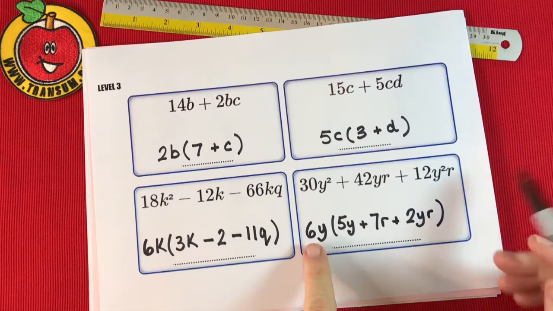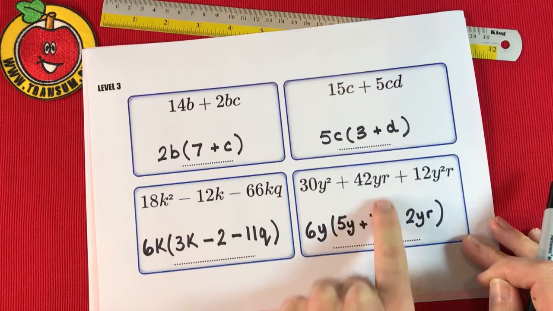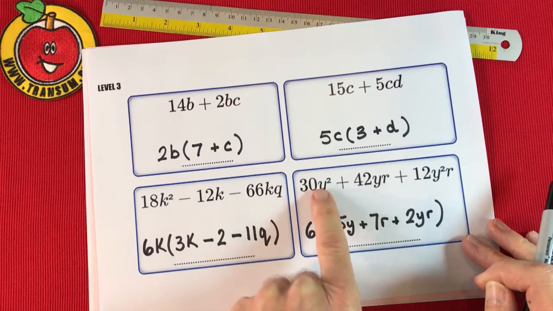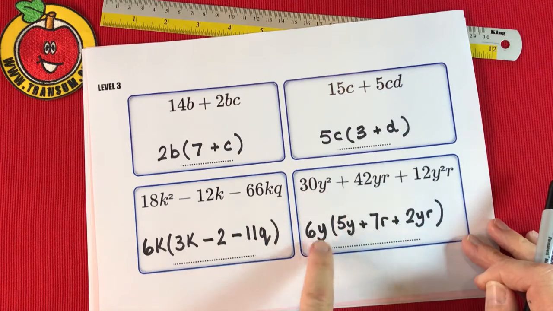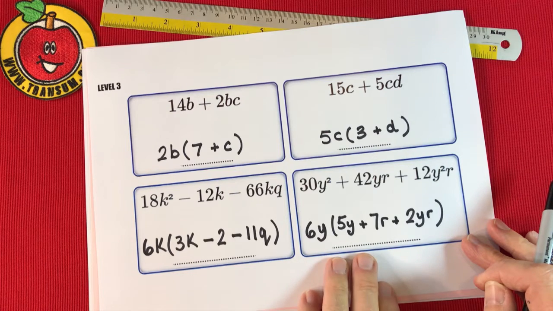And if you're not sure how I got that, well, multiply everything by 6y and you'll see we get back to where we started. What we did technically is each of these terms we divided by the common factor that we were taking outside the brackets.